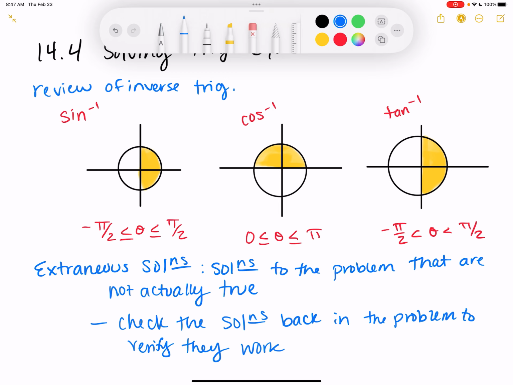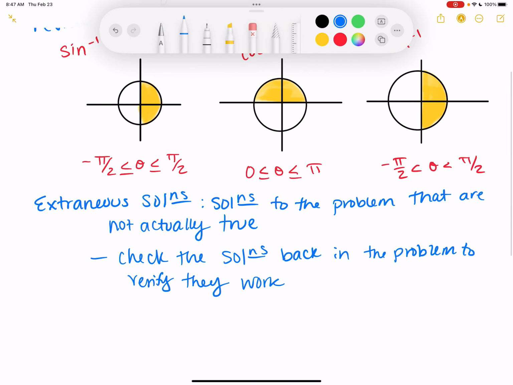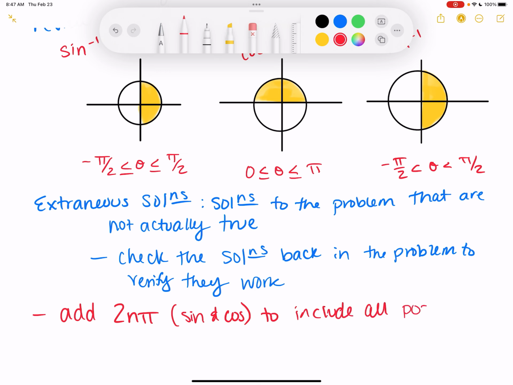So sometimes these problems will ask for a general solution or a specific solution. So a specific solution would be like 3 pi over 4. But for a general solution, we would add 2n pi, n being the variable for how many times around, for sine and cosine, to include all possible solutions, because there are infinitely many solutions.